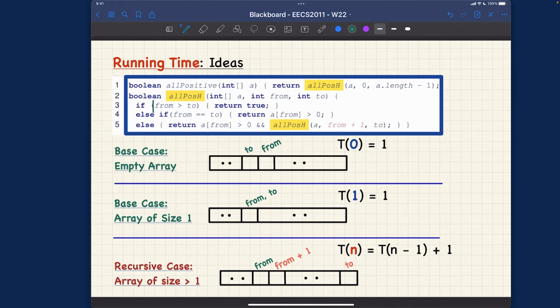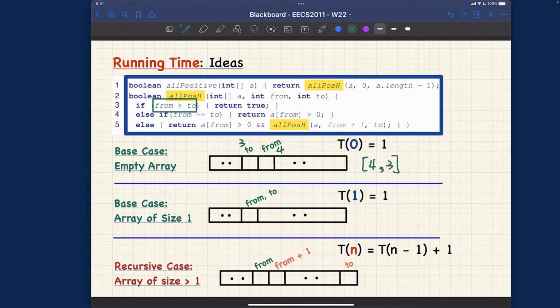The first base case is when the from index is strictly larger than the to index. For example, you can see from is strictly larger than to. One example would be, let's say from is actually 3 and to is actually 4. In that case, we are really talking about an interval like this, but I said it the opposite way. From could be strictly larger, so maybe from 4 to 3.